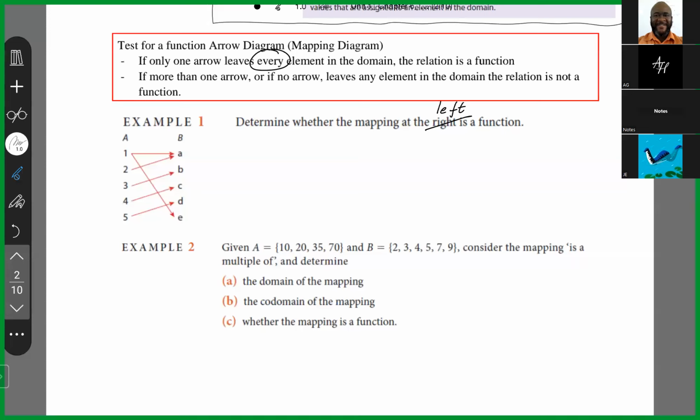In example 1, we're asked to determine whether the mapping at the left is a function. It's clear that the mapping is not a function.